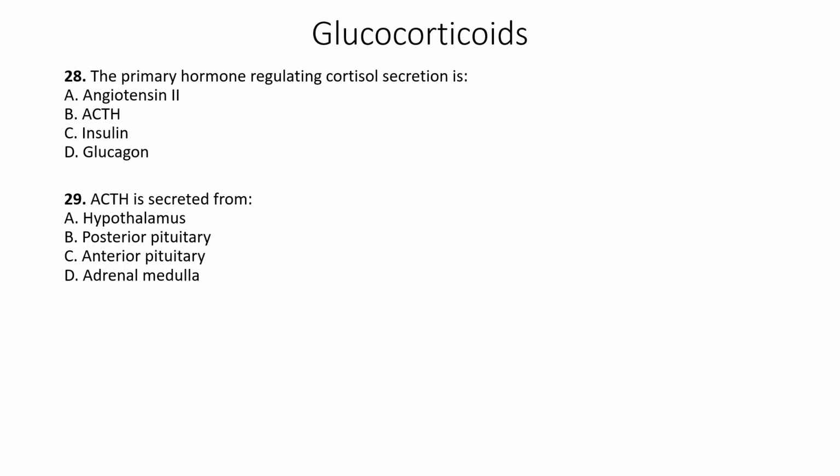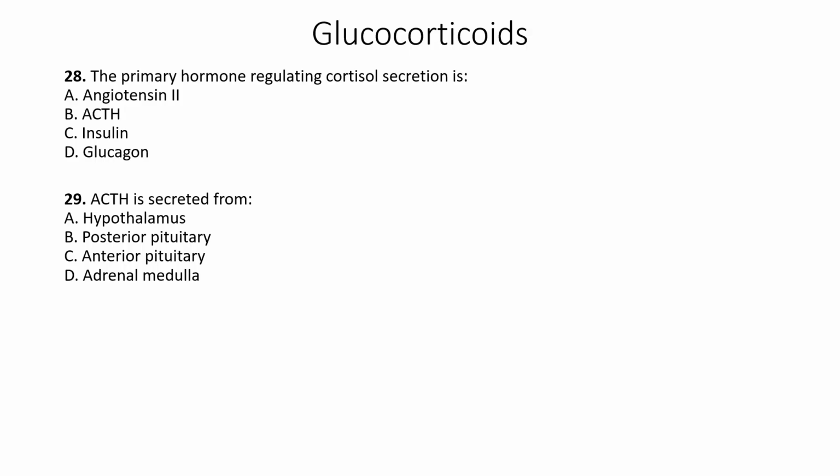It's produced by cells called corticotroph cells in the anterior part of the pituitary gland. These cells are stimulated by the hypothalamus via the CRH I mentioned, which is corticotropin releasing hormone.